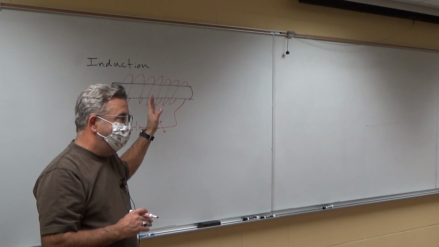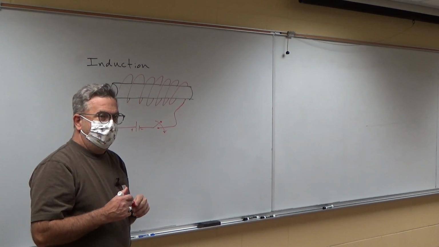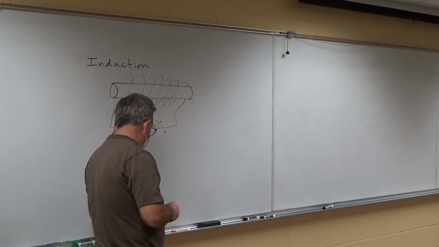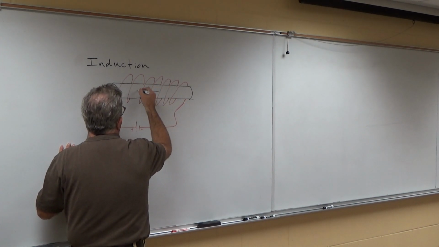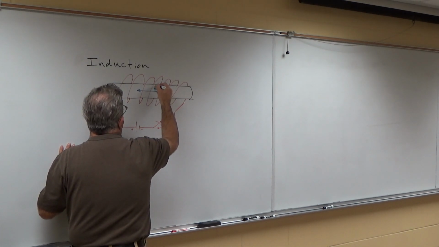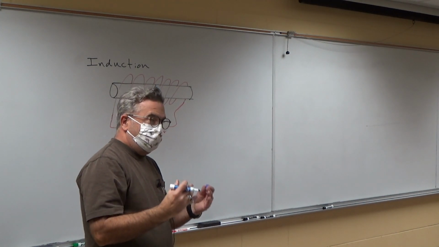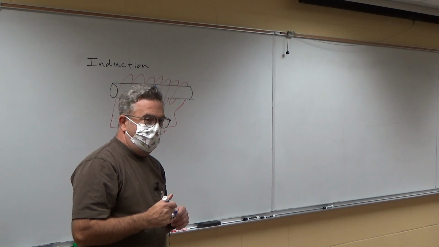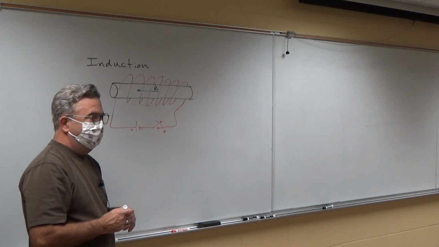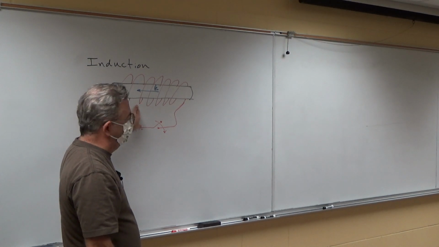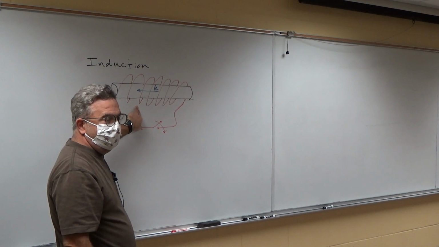There's going to be a magnetic field produced due to that current. And that magnetic field in a solenoid is, okay, if the current's that way, it's going to be this way. Let's say it's that way. You get a changing magnetic field inside a coil due to the fact that you're putting a current through the coil. So this coil or this solenoid reacts to its own magnetic field.